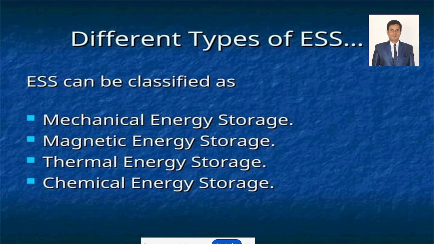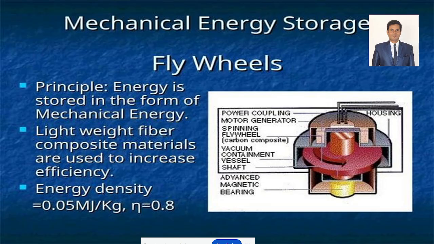So these are the various things where you have to think about energy storage. If we talk about the different types of energy storage, we have mechanical storage, magnetic storage, thermal and chemical. Chemical we already discussed with respect to efficiency. The mechanical energy storage is the flywheel, where energy is stored in the form of mechanical energy.